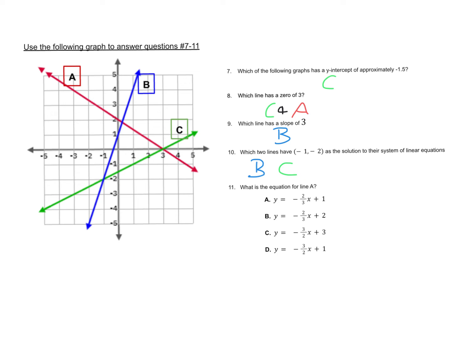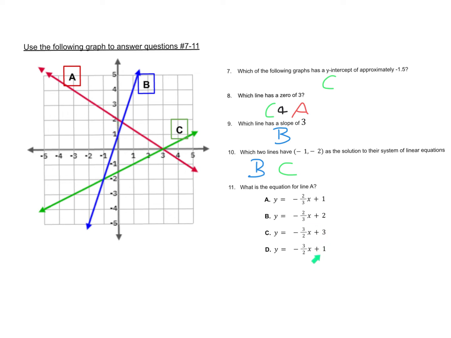All right, question number 11. What is the equation for line A? Okay, so the first thing we could take a look at to find the equation of line A is to look at the y-intercept. So the y-intercept is 2. So in our equation in slope-intercept form, it would have a +2 at the end.